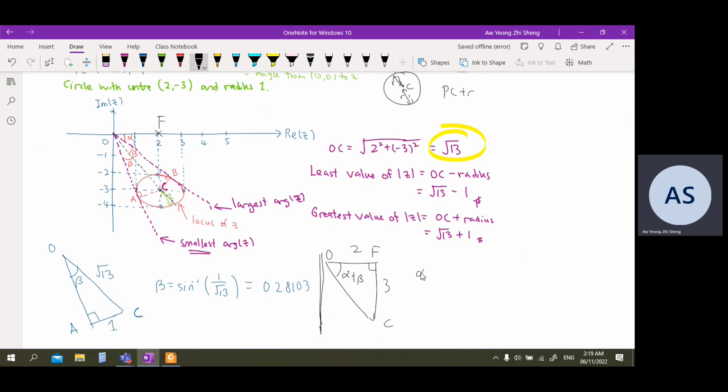So alpha plus beta is inverse tangent of opposite over adjacent, that's 3/2.